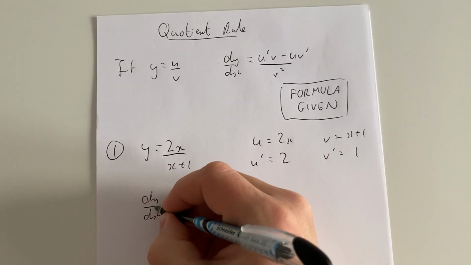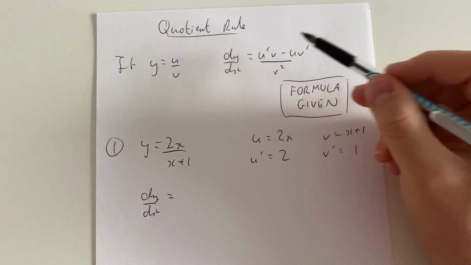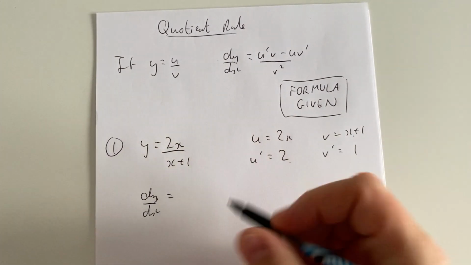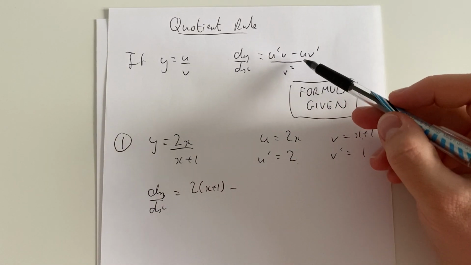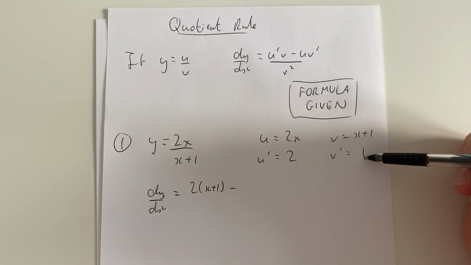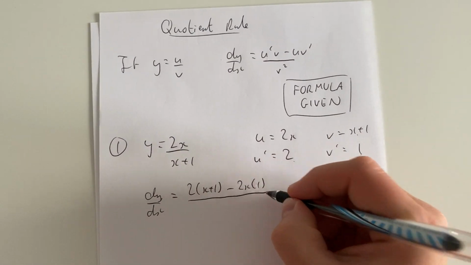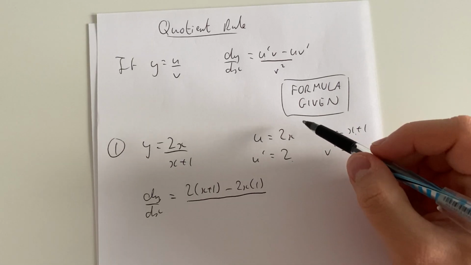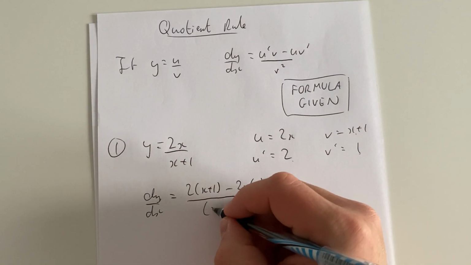So dy by dx would get you u dash times v, so 2 lots of x plus 1, minus u, 2x, times v dash, 1, all over v squared, so x plus 1 squared.